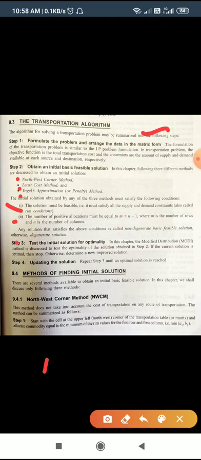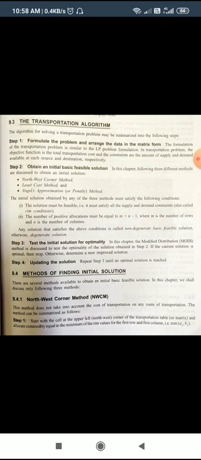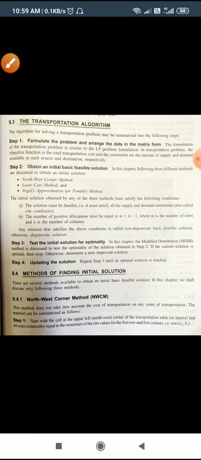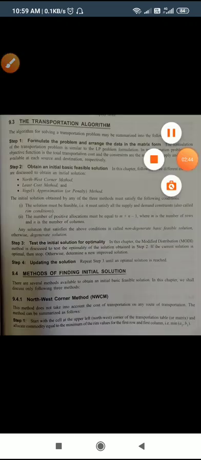So first of all, in transportation problem, we formulate the matrix and then find the initial basic feasible solution using any one of the three, and third is find the optimal solution. So we discuss one by one: northwest corner, least cost, and Vogel's method. First we discuss the northwest corner method.